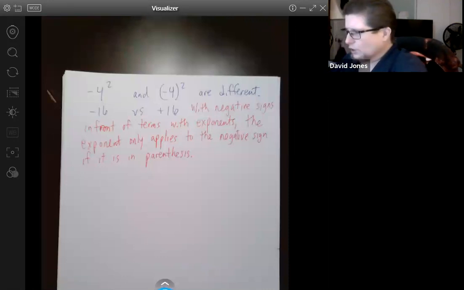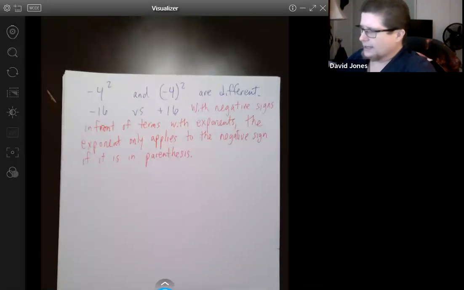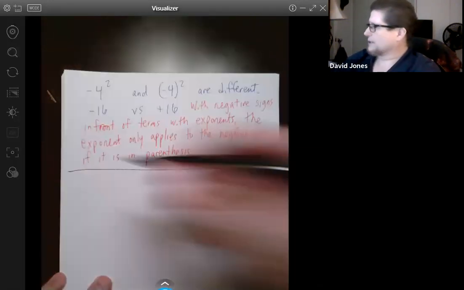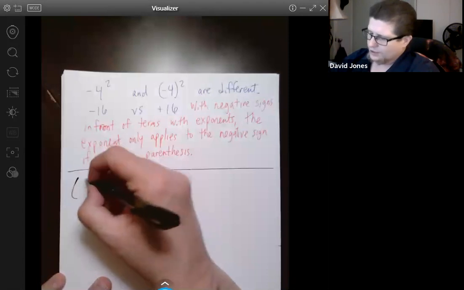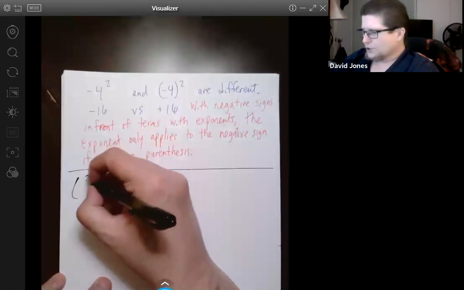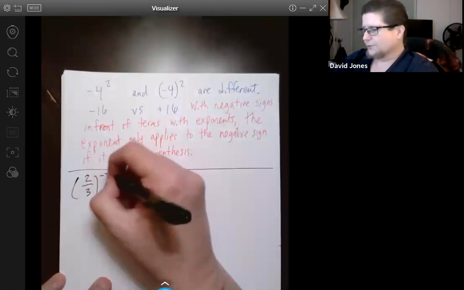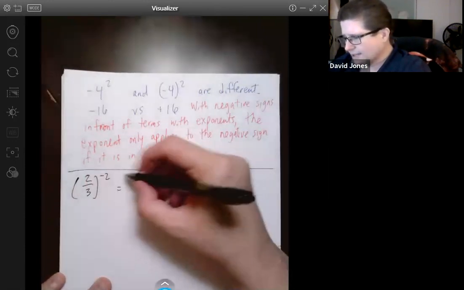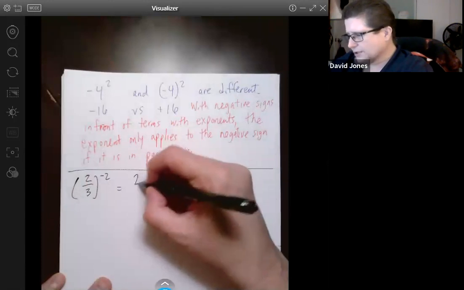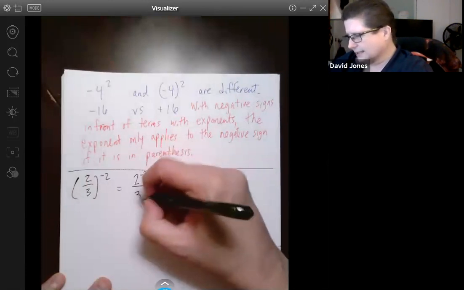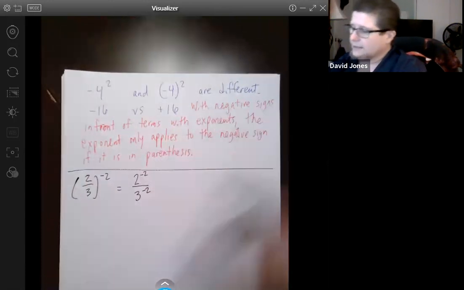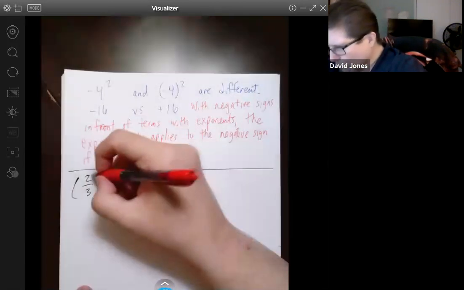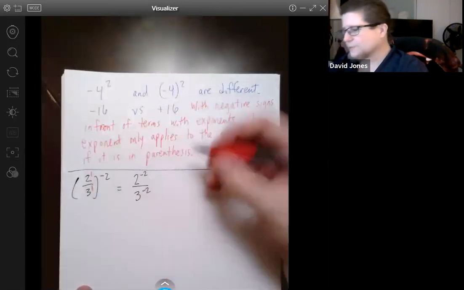So let's take a look at some more problems. Let's up our game a little bit with these negative exponents. If I've got, let's go with, 2/3 to the -2. We have the rule that we can distribute exponents on the outside to things on the inside. Because these are really 2 to the first power and 3 to the first power.